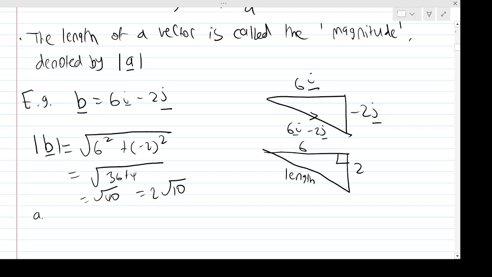And the angle, right, the angle is going to be theta there. So the angle theta, which is going to be the direction, if you do tan, tan theta is going to be opposite, which is 2, over the adjacent side, which is 6.